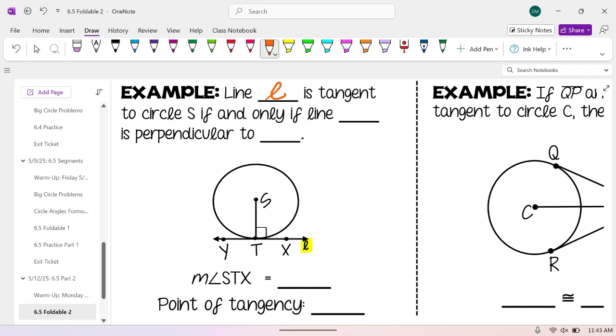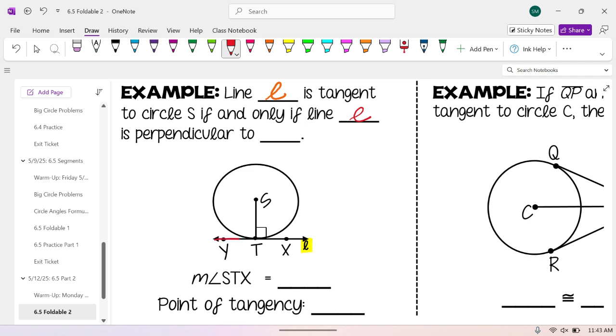But you could also name it line YT, XT, YX, whatever, as long as it's between 2 points on the line. But since they gave us that little L, we're going to use that. Line L is tangent to the circle if and only if line L again is perpendicular to what segment?